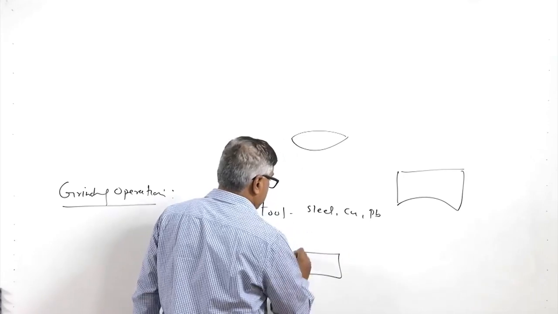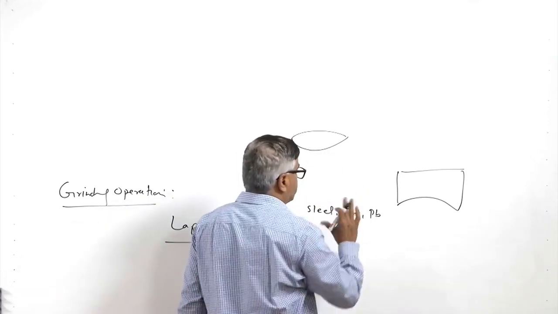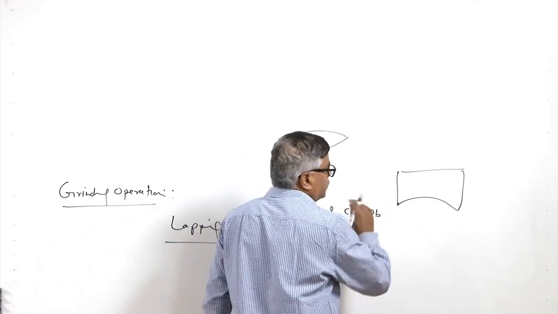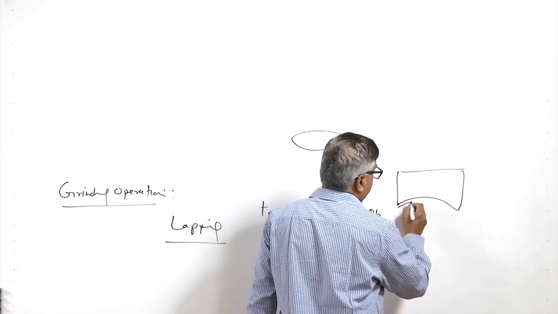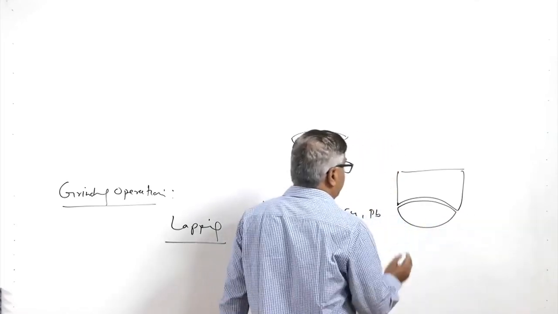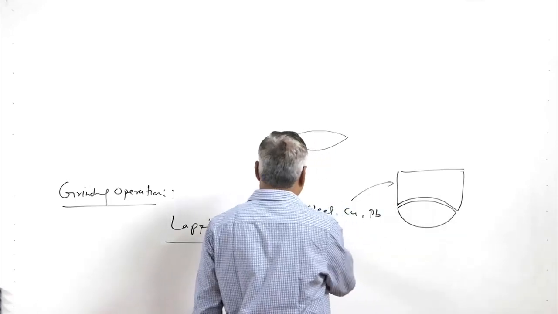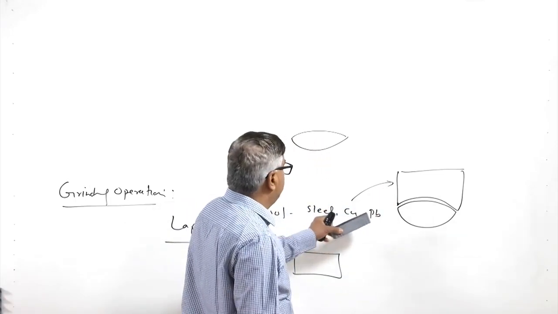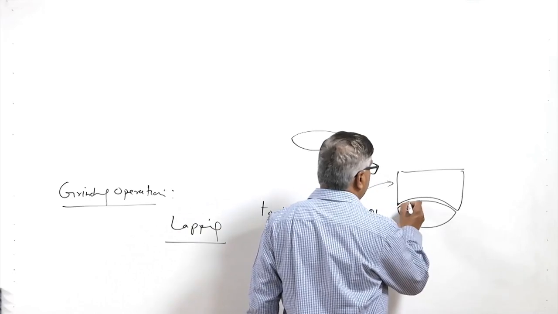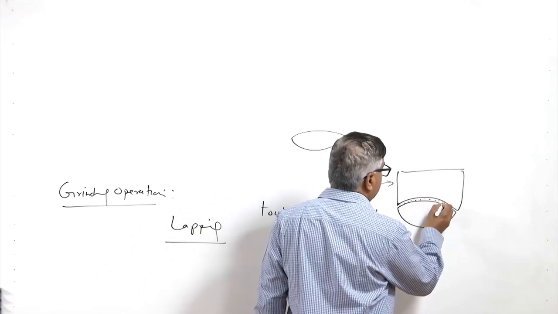As per the shape which is to be lapped, the tool is made accordingly. This tool can be made of steel, copper or lead, and between the tool and the workpiece one slurry is placed.